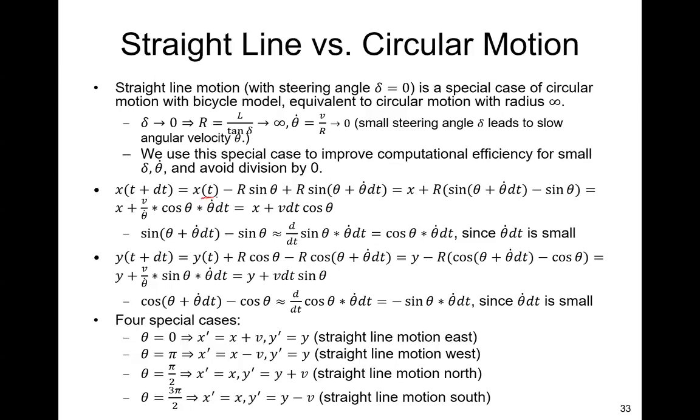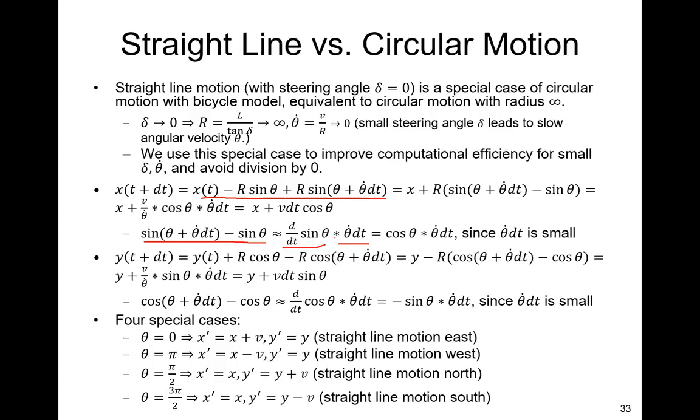So here's the accurate equation here, and then you realize that this term here is actually the derivative of the sine function times the theta dot dt. So that's pretty much the definition of a derivative, assuming that a straight line connects the starting point and end point, and then the derivative is the slope of the line.